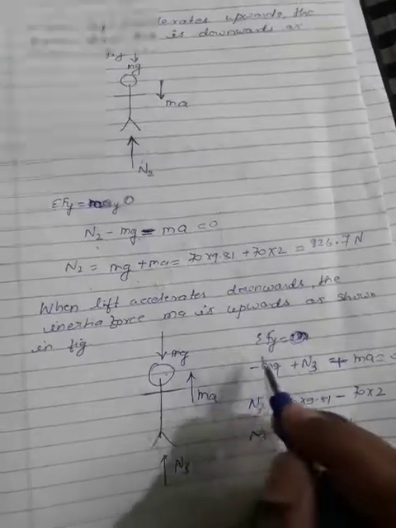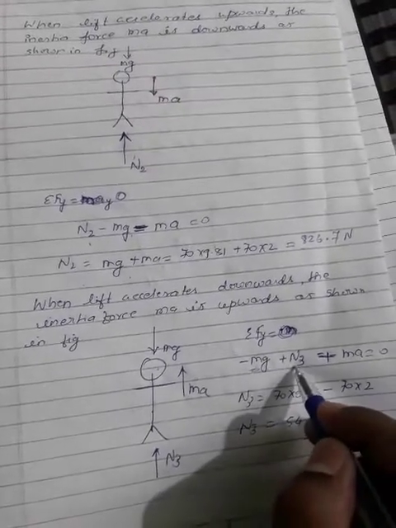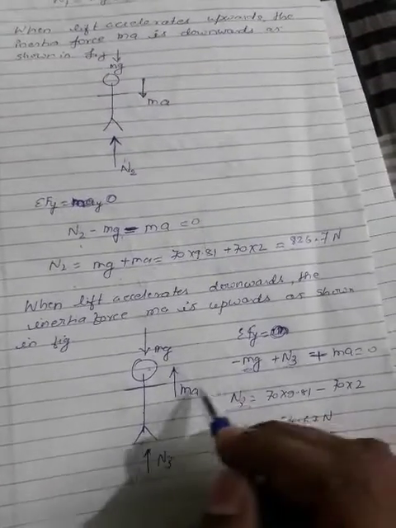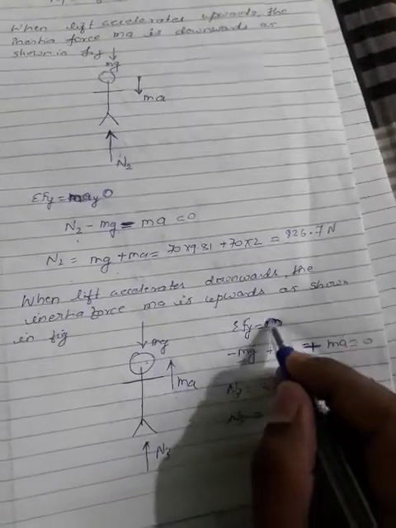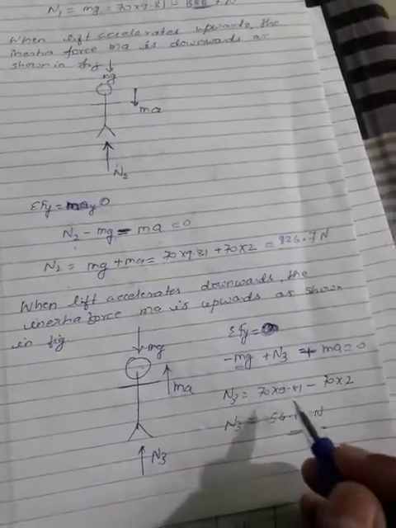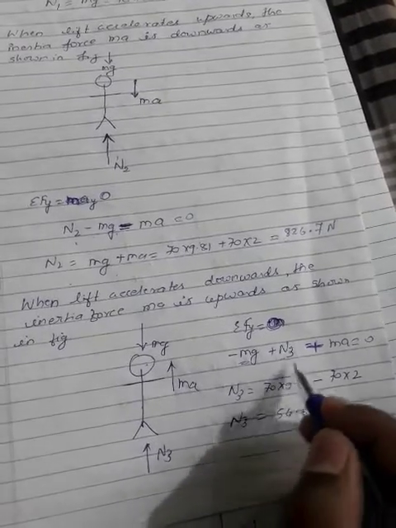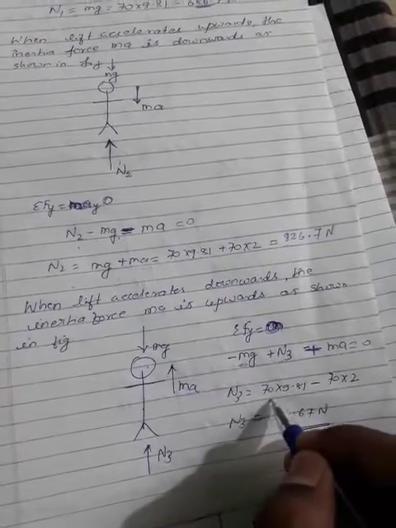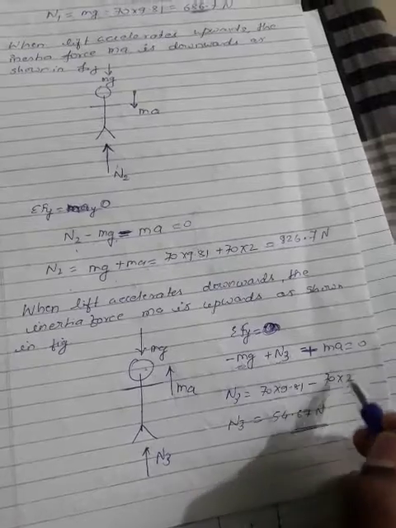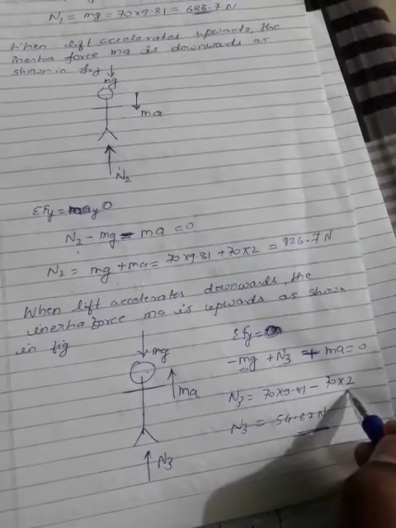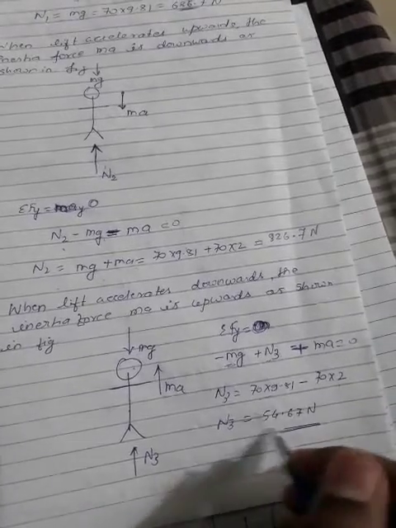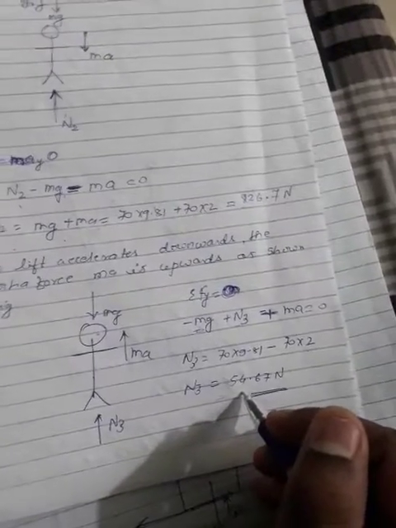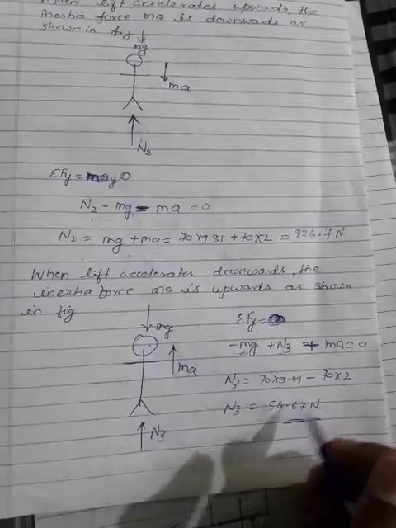Now the weight of the man downward minus N3 upward positive, ma upward positive, equal to 0, as I am applying summation Fy equal to 0. Now I am calculating the N3 value, so 70 into 9.81 minus 70 into 2, that is the acceleration, which is 2 meter per second squared as given. So I will get the N3 value as 546.7 Newton.